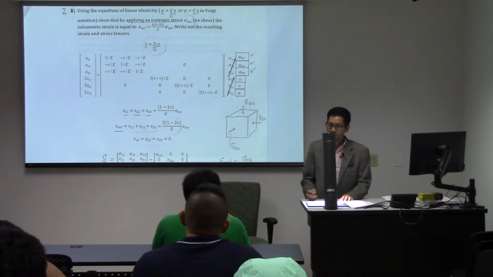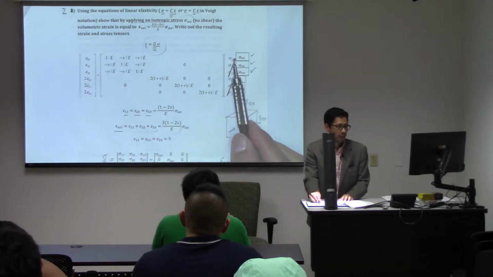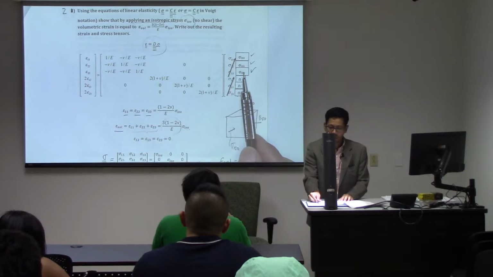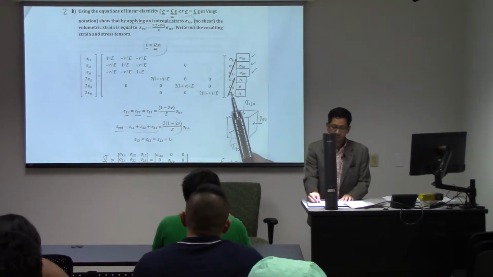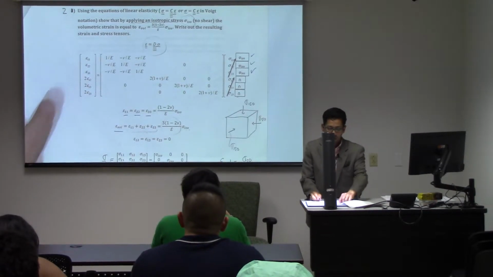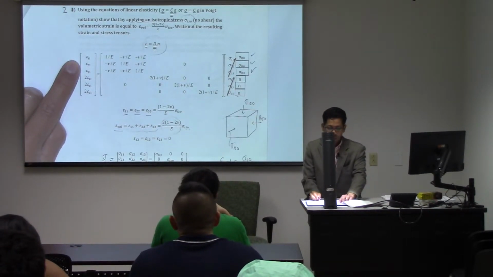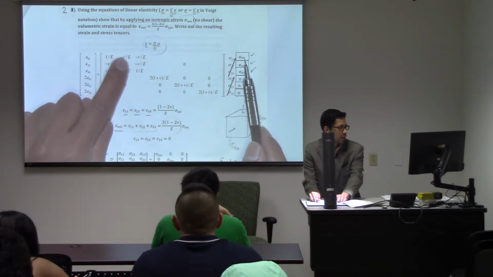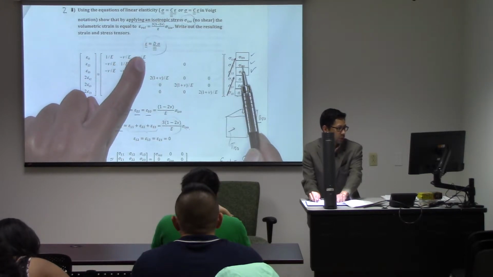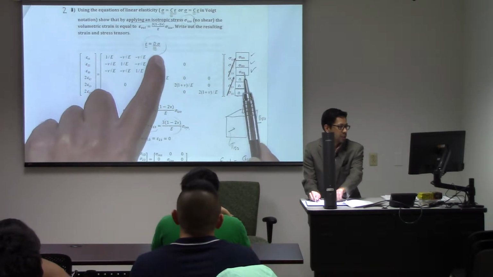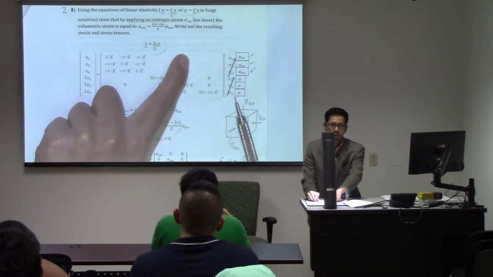So the only thing that you have to do here is to replace those values of normal stresses by your isotropic stress. You know these are 0, and then you just do the multiplication. So the first linear strain is going to be just this one times that one plus this one times that one plus this one times that one, and all these are zeros times already zeros, those are zeros too.